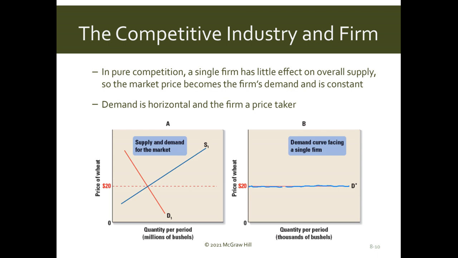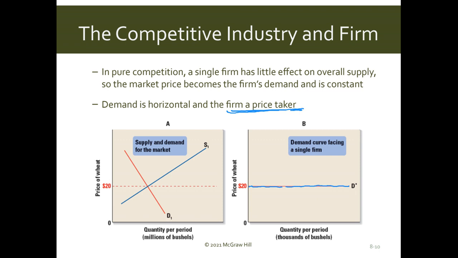That is why it is written here: firm is price taker. Each firm has to accept the price, that is $20. They're not setting the price. They're price takers. Why? Because the demand curve is horizontal.